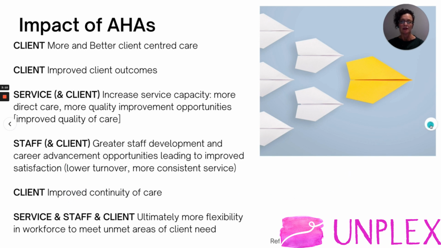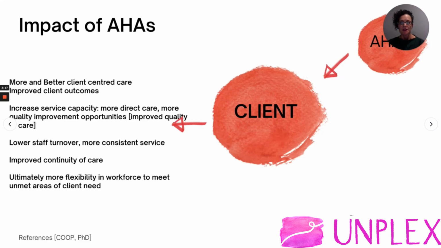Let's have a look in a little bit more detail how we know this information. First of all, I want to point out that most of the impact indicators that we saw on the other page, or the areas that we know that allied health assistants impact, are to do with the client. The client sees that they get better care and better outcomes. Through increased service capacity, we're able to see improved quality of care.